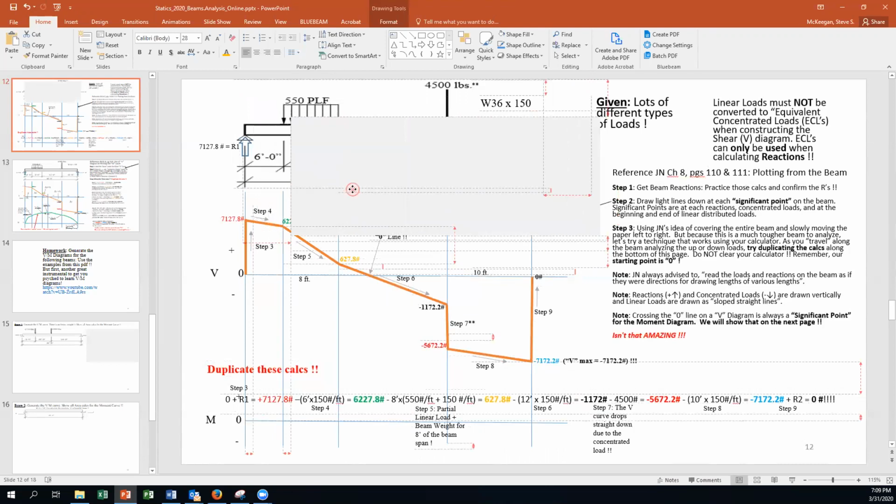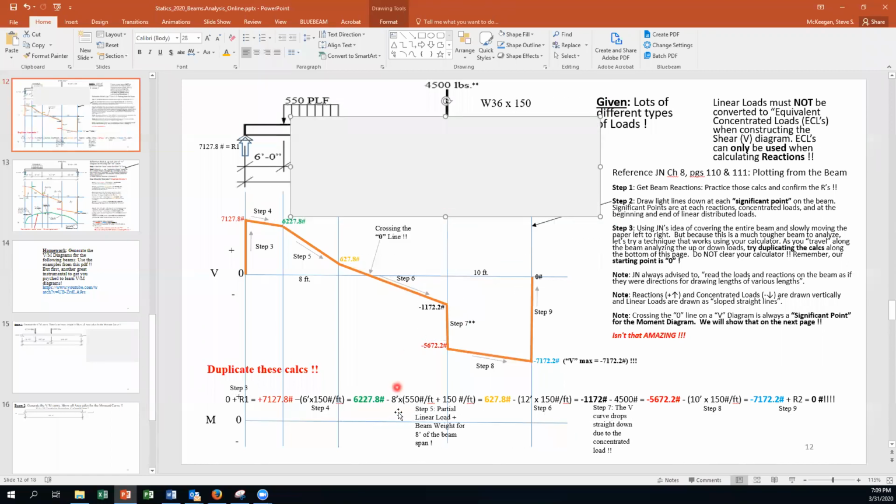So if you look down here, it's 0 plus reaction R1 equals positive 7127.8, minus, in parentheses, 6 times 150 pounds per foot. That should give you a value of 6227.8. And that's the value of your shear curve at that point.